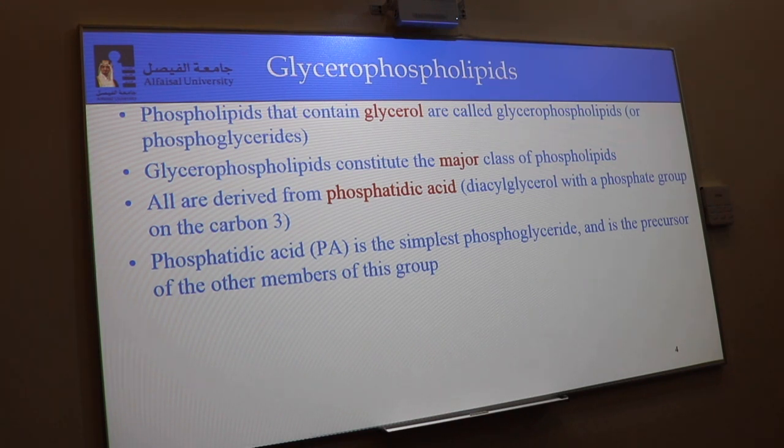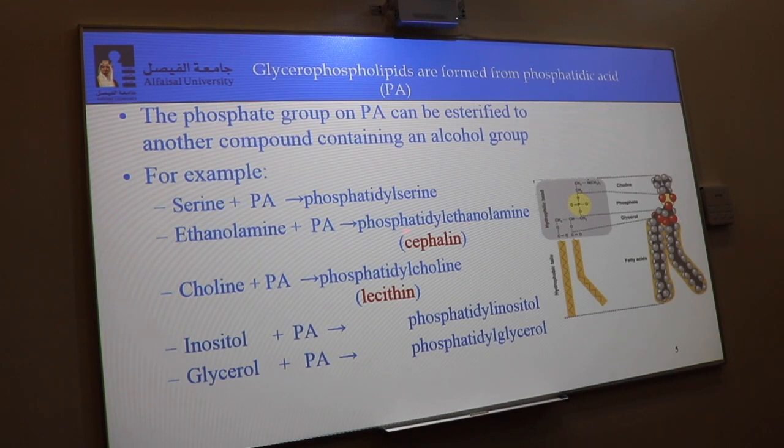So the backbone structure of a glycerophospholipid is phosphatidic acid. The phosphate group of phosphatidic acid can be esterified to another compound containing an alcohol group. So to make the other types of glycerophospholipid, we need to add another alcohol on phosphate.